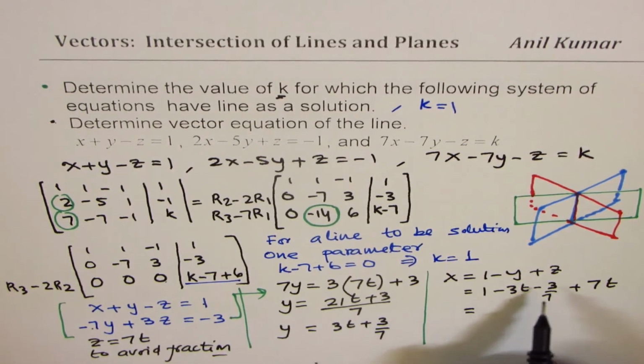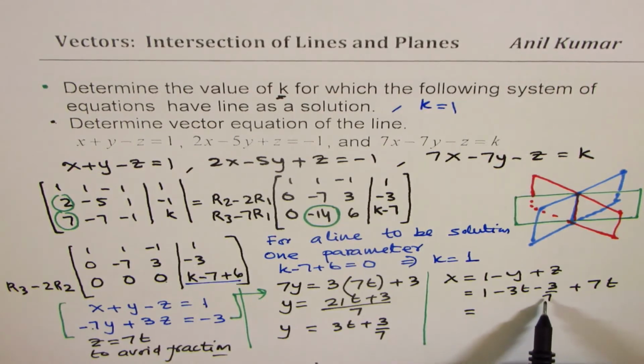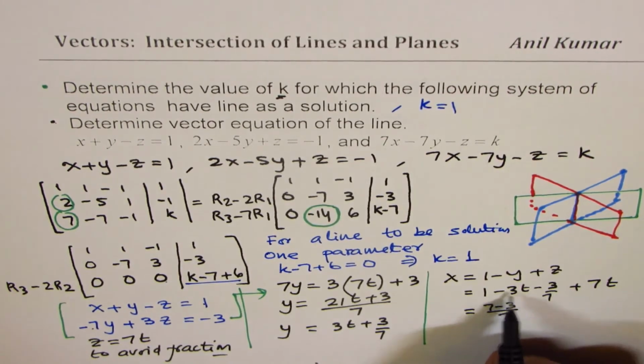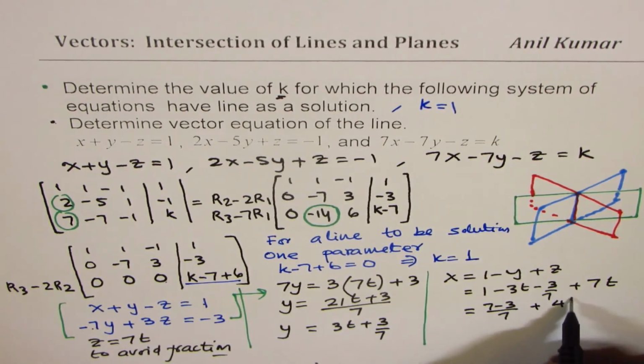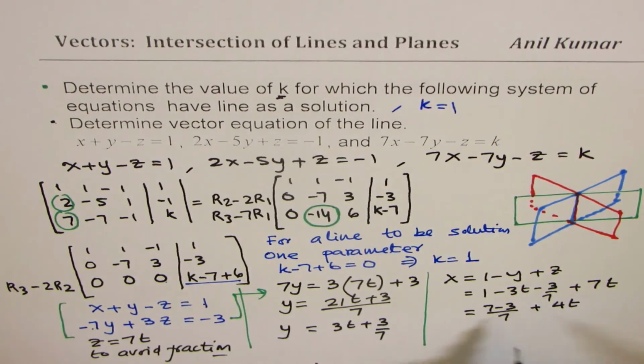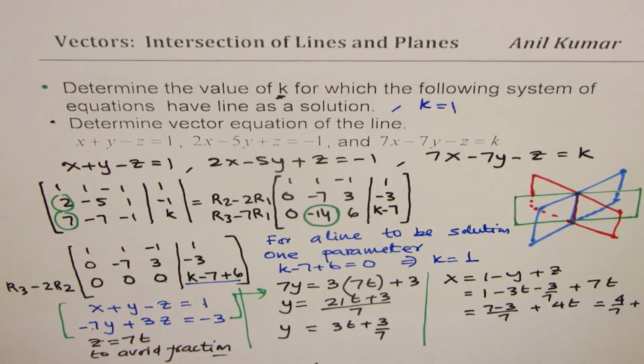The t's can be combined: 7 minus 3 is 4, so we have plus 4t. The numbers combine to 7 minus 3 over 7, which is 4 over 7. So we get 4 over 7 plus 4t. That becomes the parametric equation for the line.